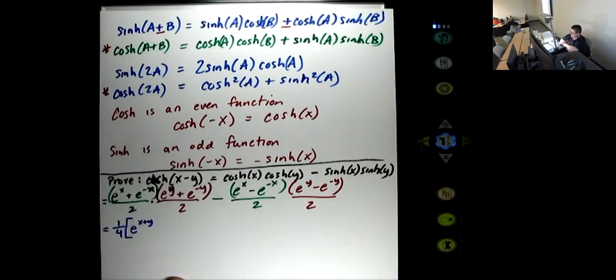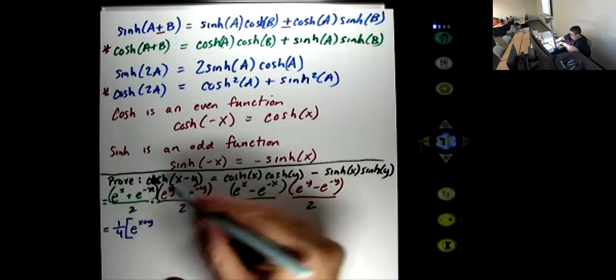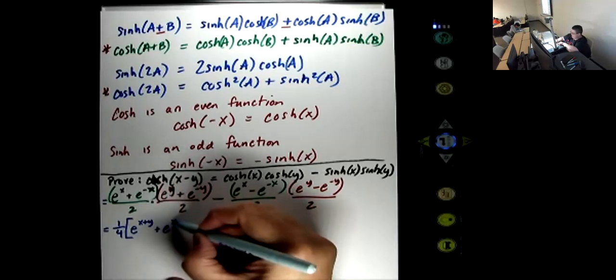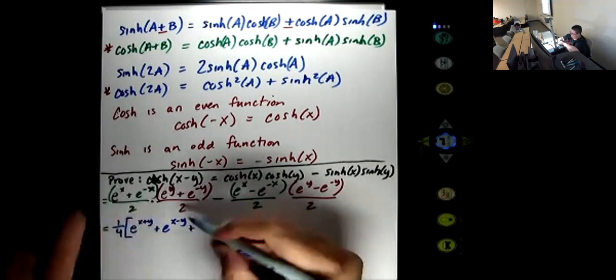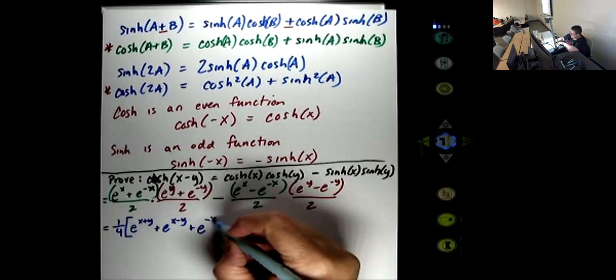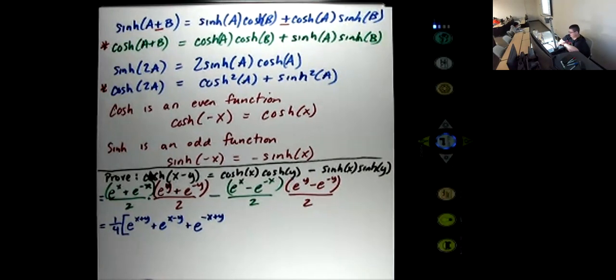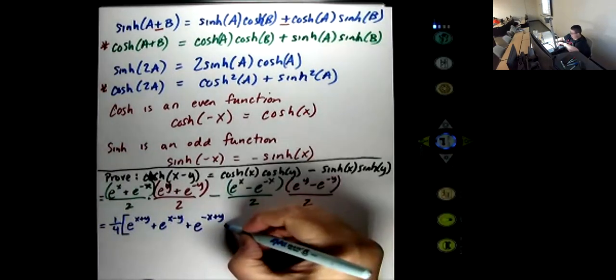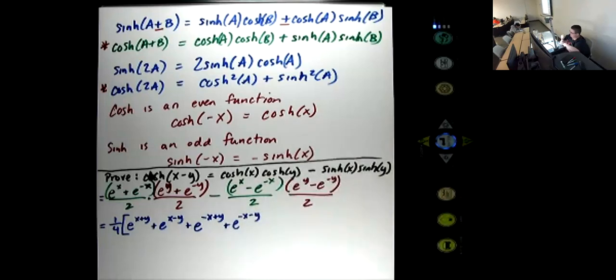And then e to the x times e to the negative y is plus e to the x minus y. And then I'm doing FOIL, e to the negative x times e to the y is e to the negative x plus y. And finally, we have both negatives right there, negative x and negative y.